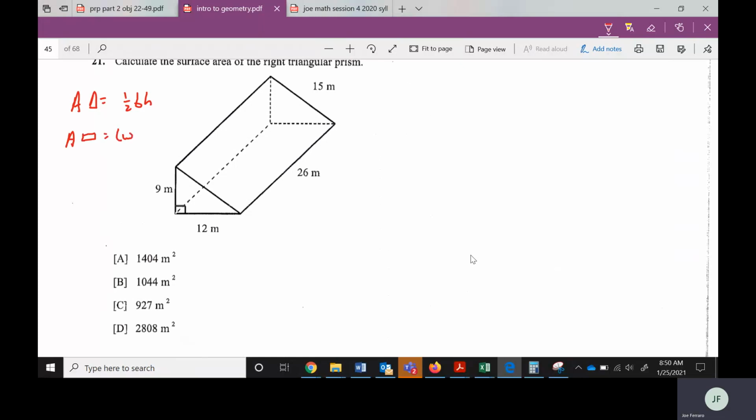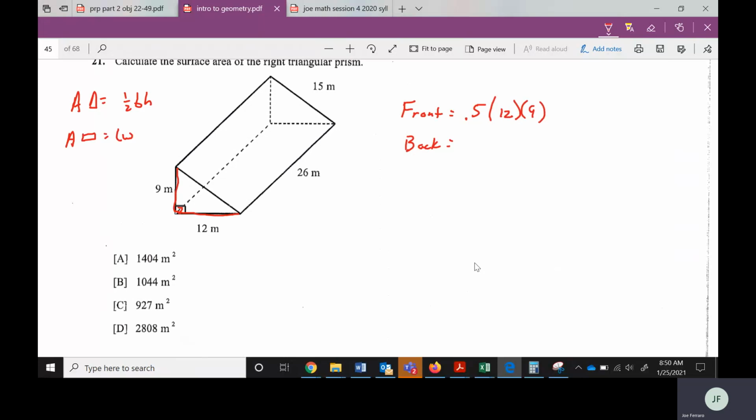So just remember here, I'll set up, if we look at the front and the back, front, that would be the height. They meet at a right angle. This would be the base. So we'd change 1/2 to 0.5 times base times the height. Okay. So again, then you have back.